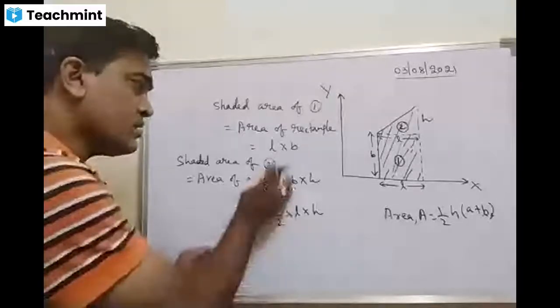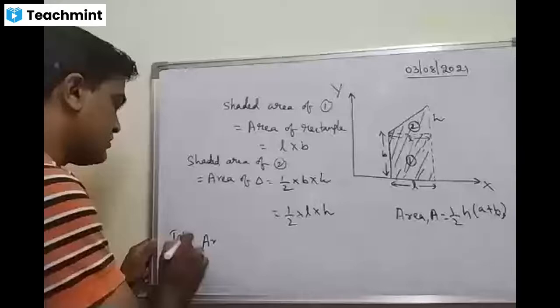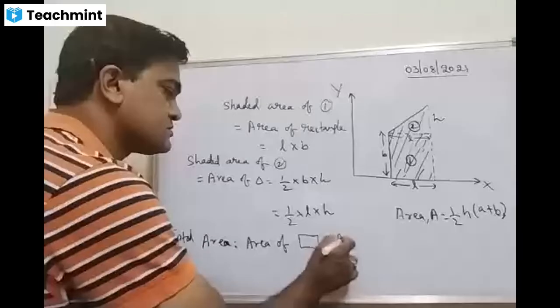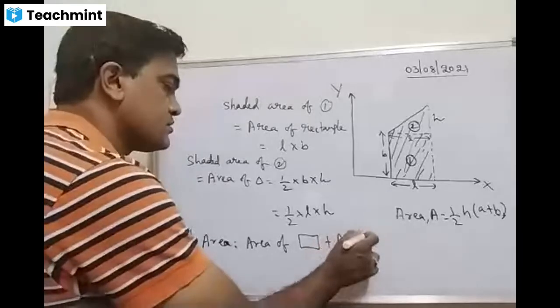Right? I want the total area. Area of rectangle plus area of triangle.